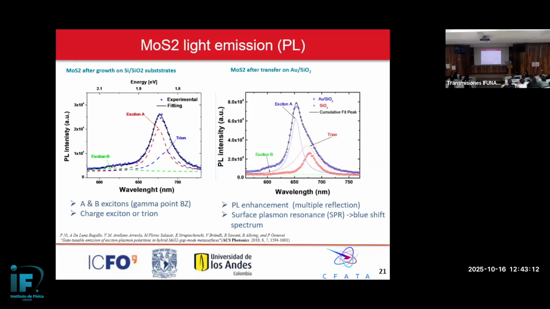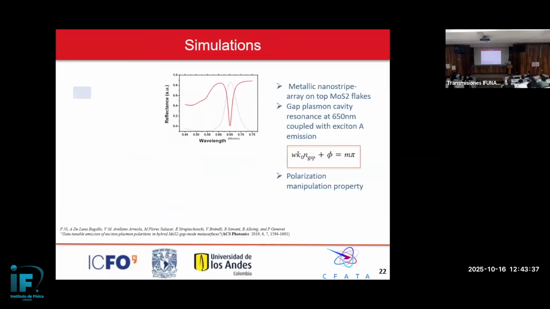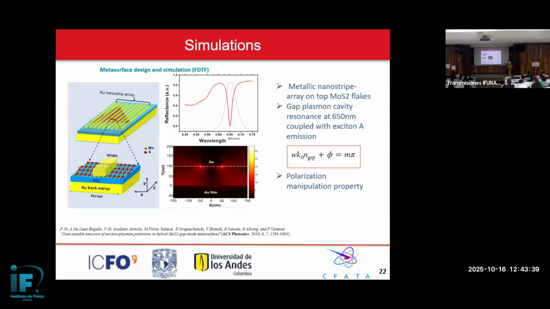Right. So the spectrum is really broad, so we have different excitonic features. The purpose is that you cannot get rid of them, but maybe you can play with them. So you can decrease or increase, for instance, the width of the peak. The main idea was to put it into resonance with the absorption of the metallic stripes.